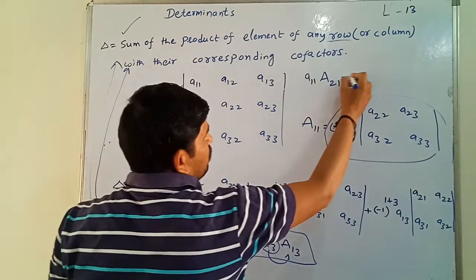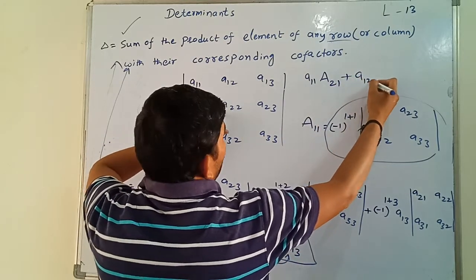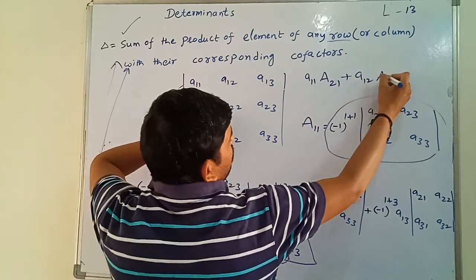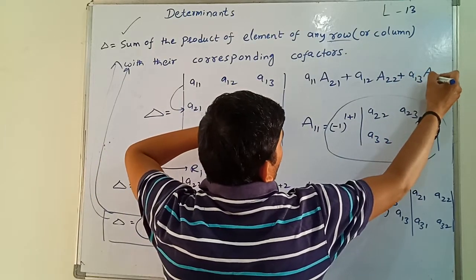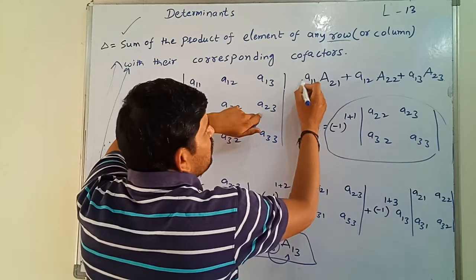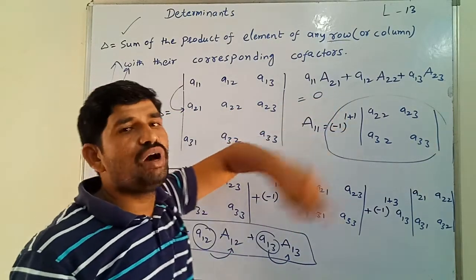Plus, now we are making the sum. Again a12 into the cofactor of the second row element, that is A22. Again a13 into A23. Definitely this will give the result, which is 0.